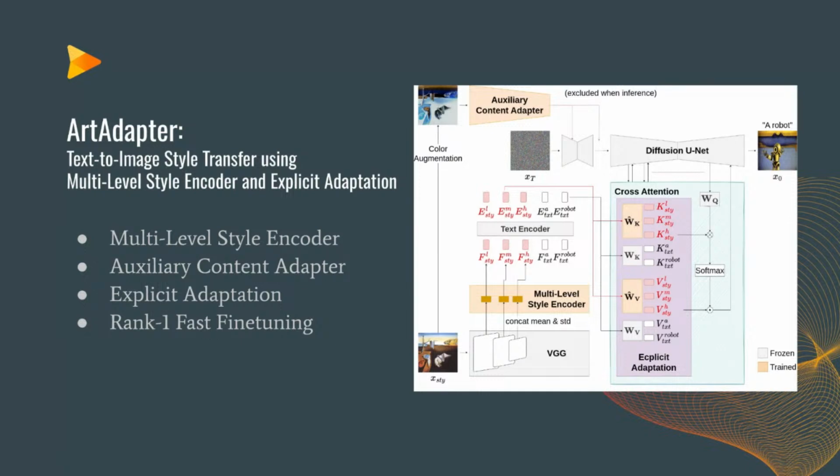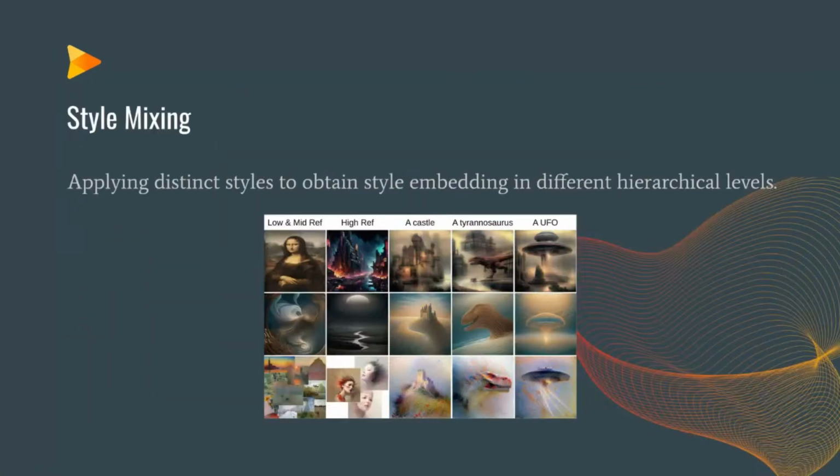So if we use different styles to generate these style embeddings, like one for the low level, one for the mid level, and one for the high level, then we can mix the styles together, and each will provide features at the corresponding levels. So here we show a result of mixing 2 styles, one for the low and mid levels, and one for the high level. So we can see what happened.